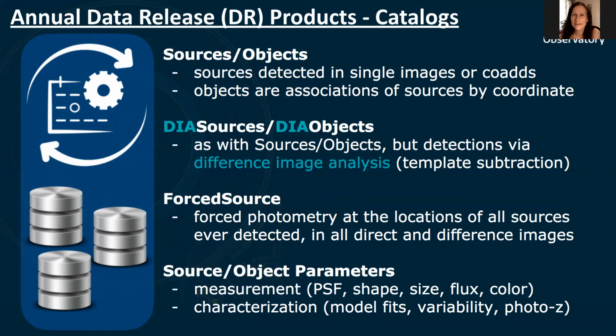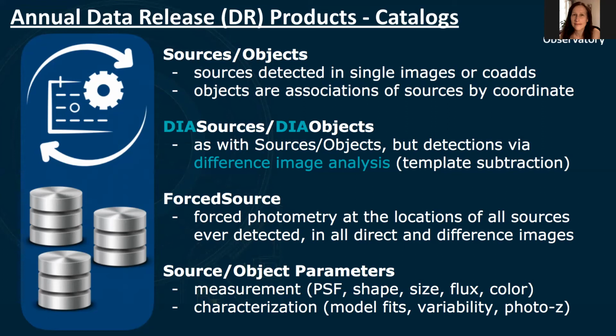The source and object catalogs that result from detections in difference images, which are produced by subtracting an older template image from a new image, are referred to as DIA source and DIA object, where DIA stands for difference image analysis. Additionally, force photometry will be done in all direct and difference images at the sky coordinates of all sources ever detected, including those detected only in a deep coadd.